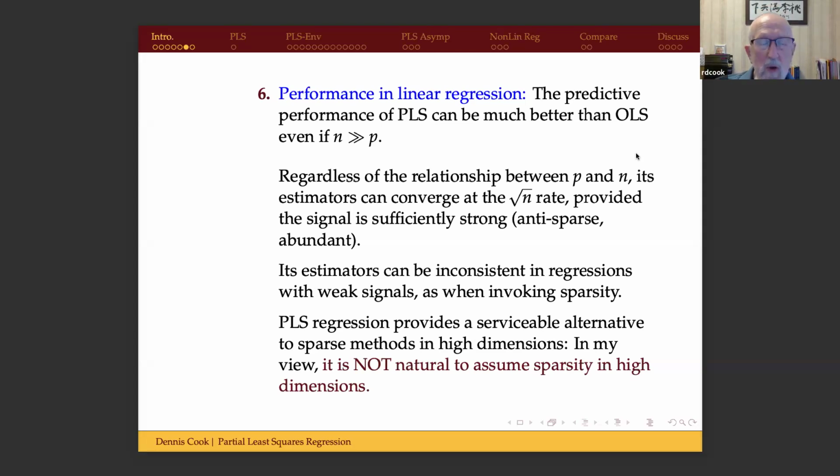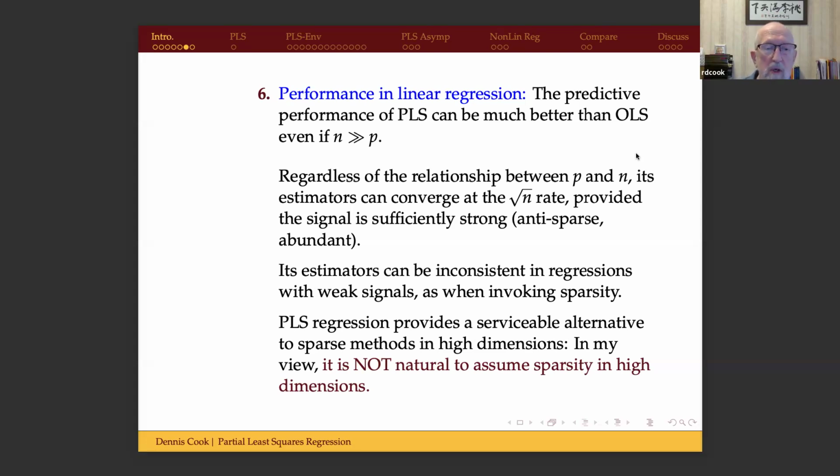It's not unusual at all to see papers that start off with, if it's high dimensional, then naturally it must be sparse. I don't find any sense in which high dimensional regressions are naturally sparse. None at all. Sparsity is a reasonable model, but you have to have assurances other than just the fact that you're in high dimensions.